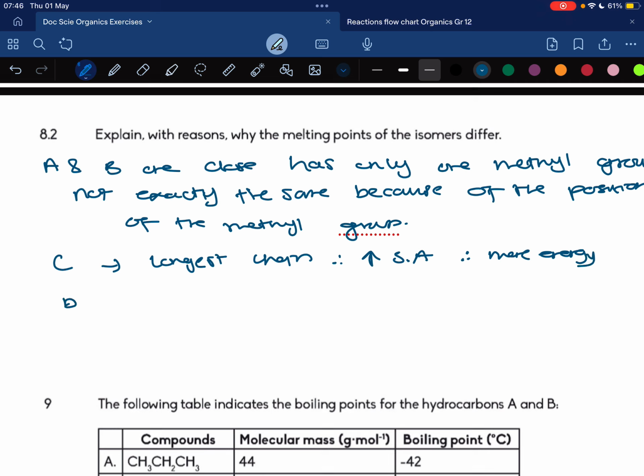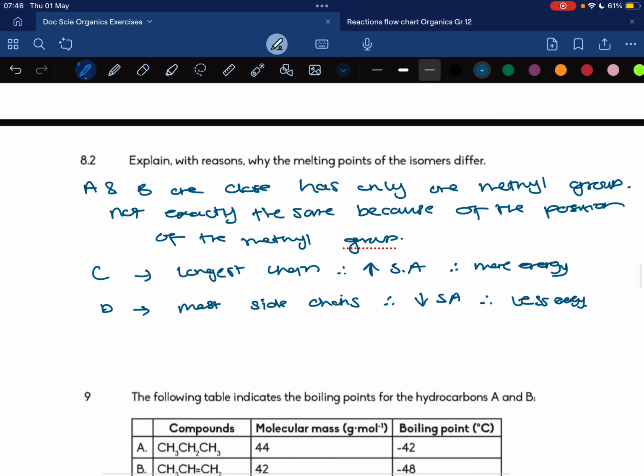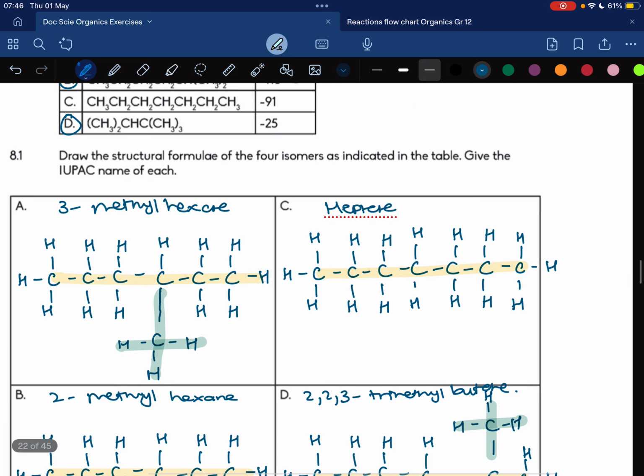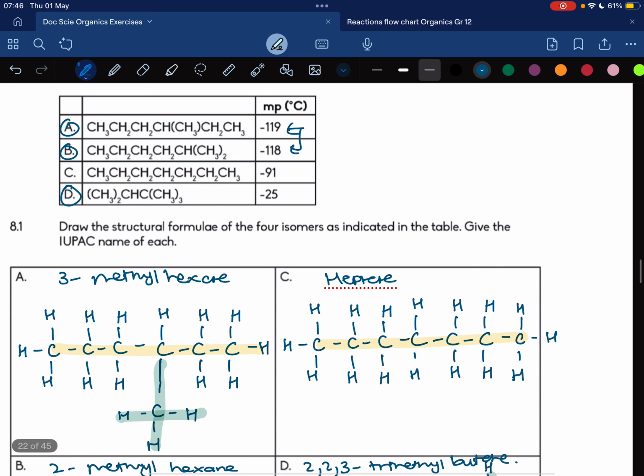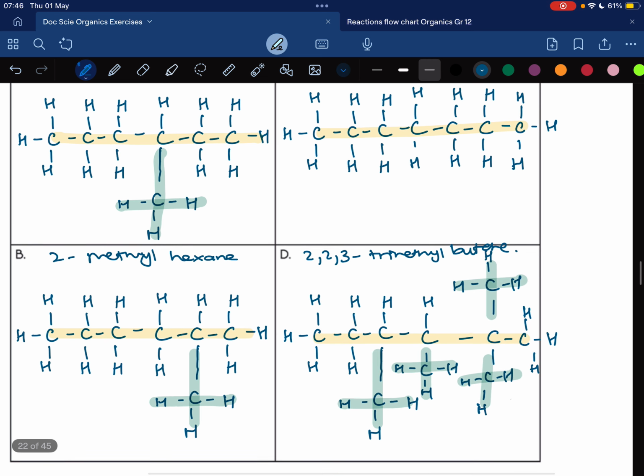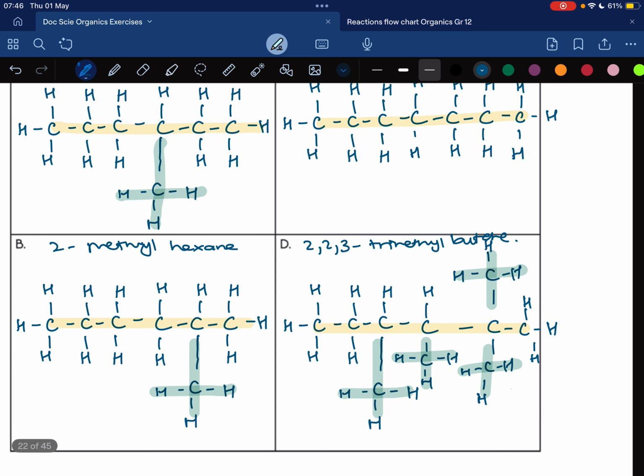And I can see with D, it has the most side chains, therefore it has the smallest surface area, and therefore it has less energy needed to, well, no, sorry, because if you actually look at it, you'll see that it has the highest melting point, particularly because it is the most compact.